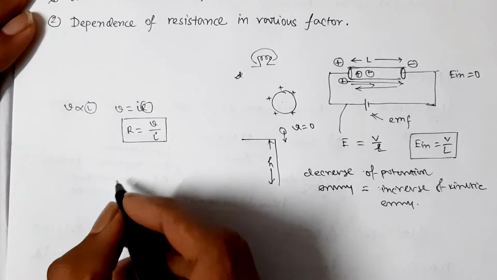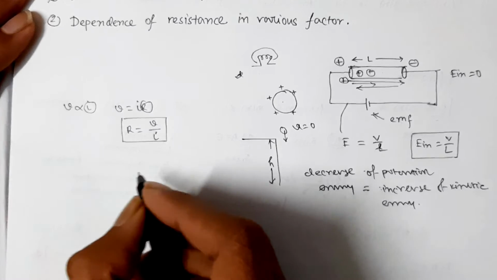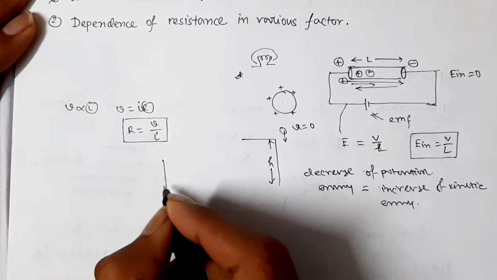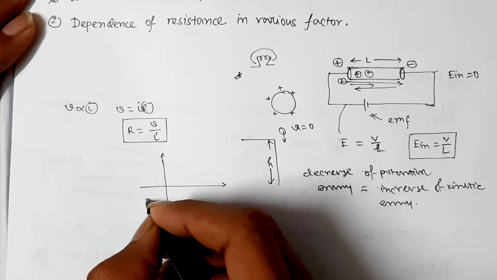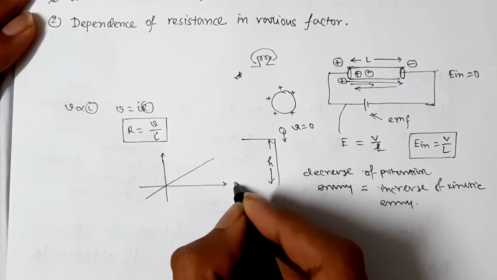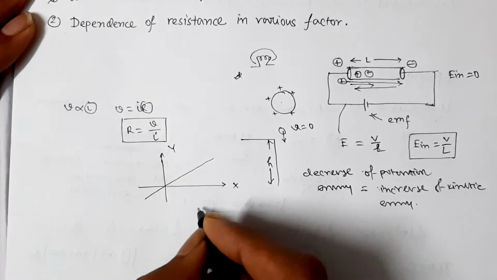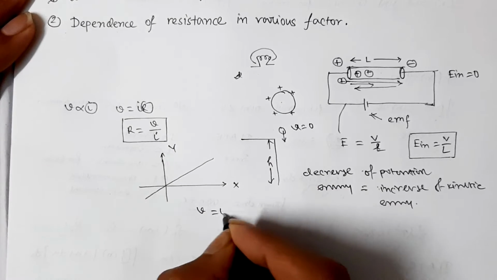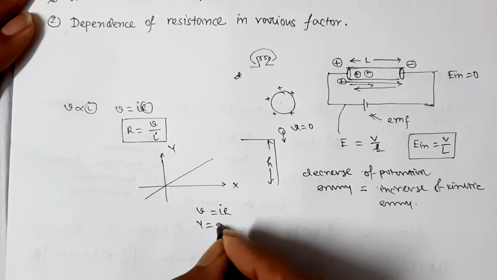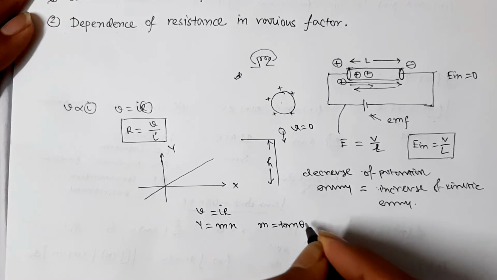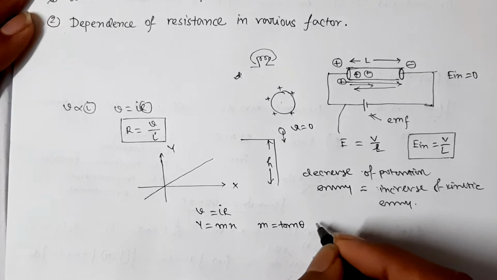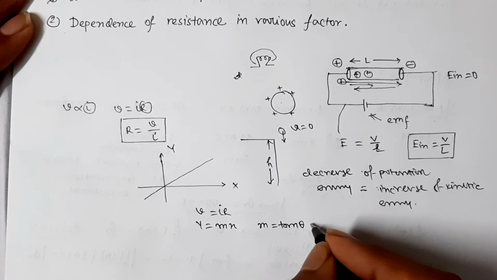If we plot a curve on the xy axes, we get a straight line like this: y = mx, that is V = IR, where m is equal to tan theta, the slope of the straight line.